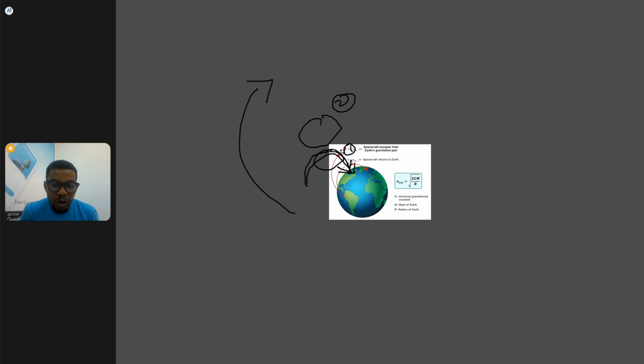So this satellite labeled as two has escaped the force of gravity, and that is where we have the terminology escape velocity. At that moment, the velocity at which the satellite is moving is called the escape velocity. All right. So now let's go back to the calculation.